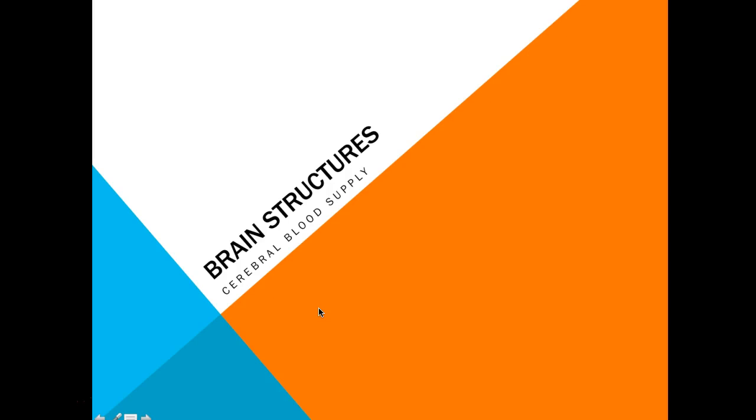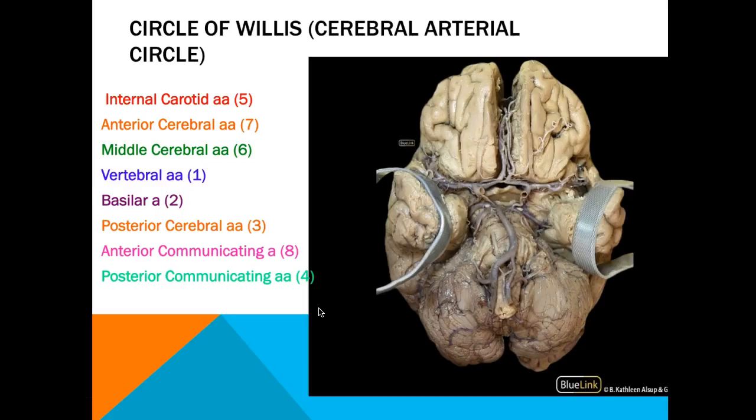The last thing I'm adding in here to your brain structure unit is the cerebral blood supply. So if you look at the inferior view of the brain, you will first see that we have two vertebral arteries coming in that would be traveling from the transverse processes of your cervical vertebrae.